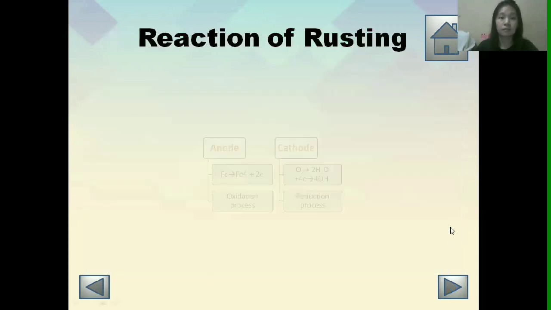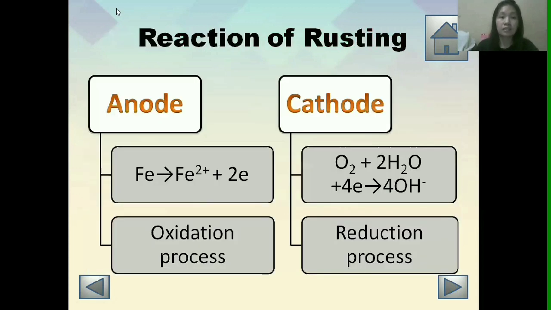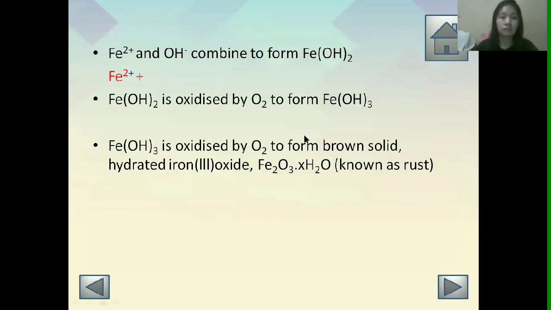So this is the reaction that occurs at the anode and cathode. The iron 2 ion formed at the anode will combine with the hydroxide ion formed at the cathode to form iron 2 hydroxide. Then the iron 2 hydroxide is oxidized by oxygen to form iron 3 hydroxide.